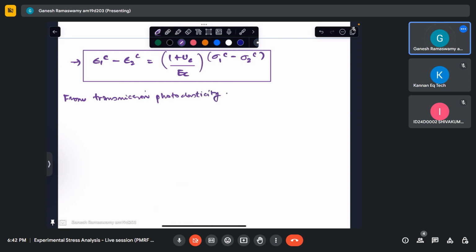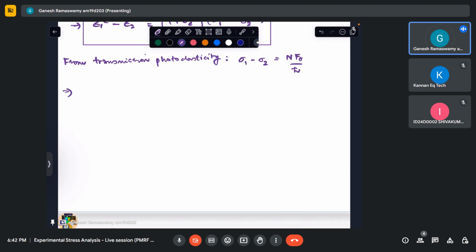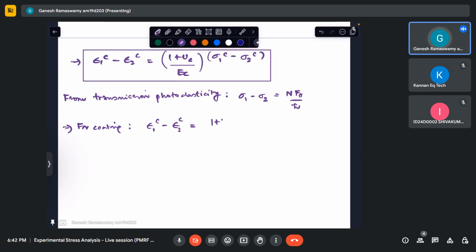So in the case of coating, I'll extrapolate the same concept. The principal strain difference for the coating, epsilon 1c minus epsilon 2c, is nothing but (1 plus mu c) by EC into n f sigma by h. Now, this is from the stress optic law.